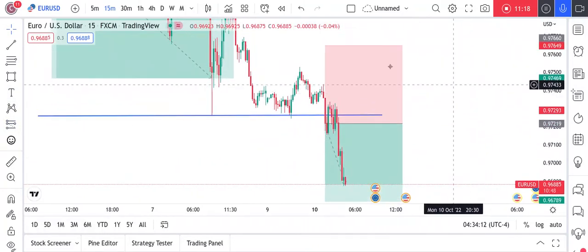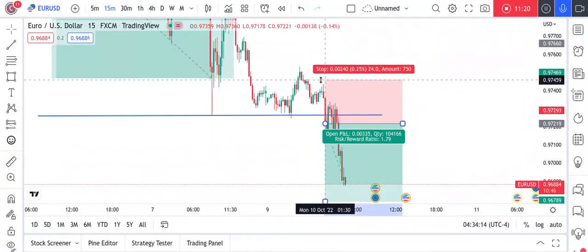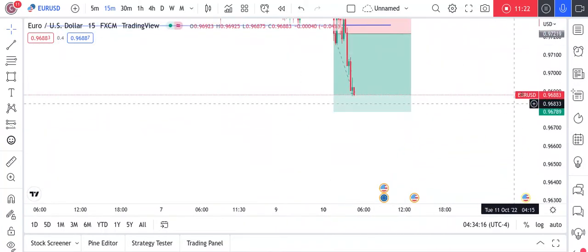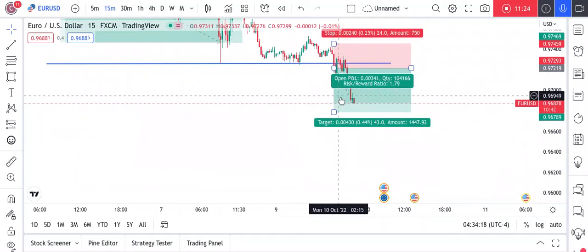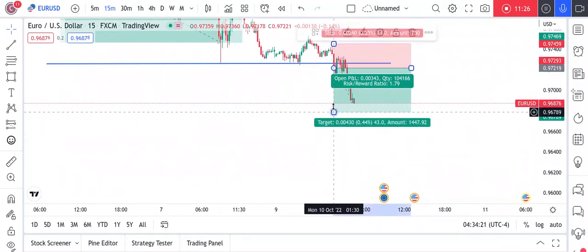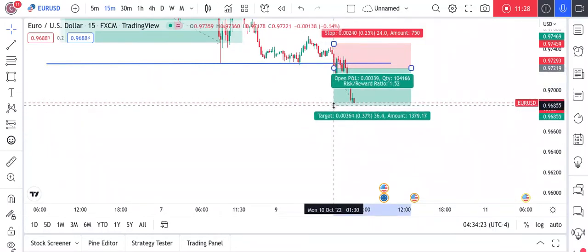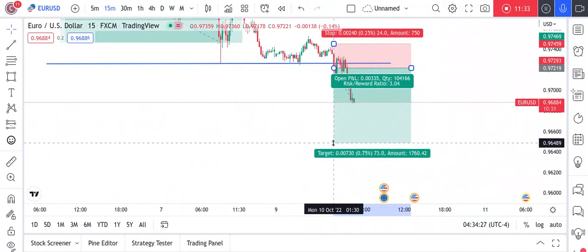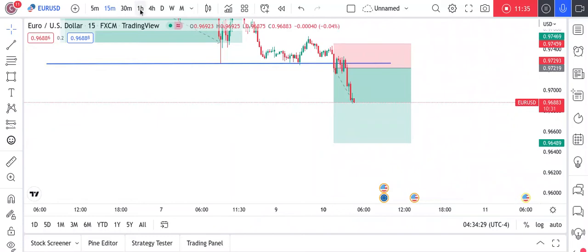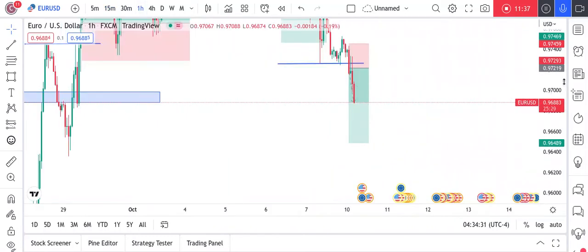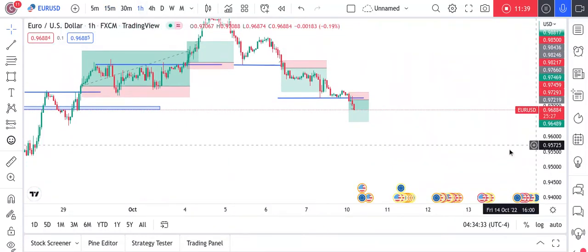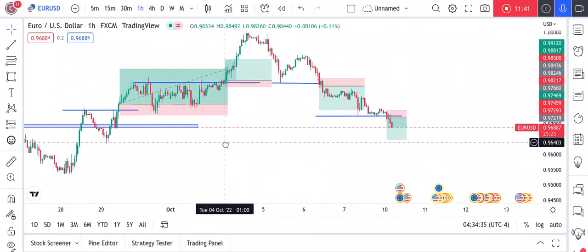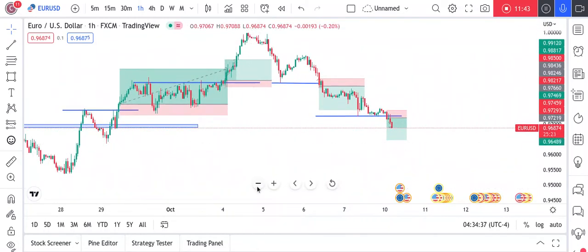Our stop loss above these highs, and we're currently floating in about a 1 to 1.5, and it's likely to continue up to there. So that's where our targets are, and clearly it's diving into profit.